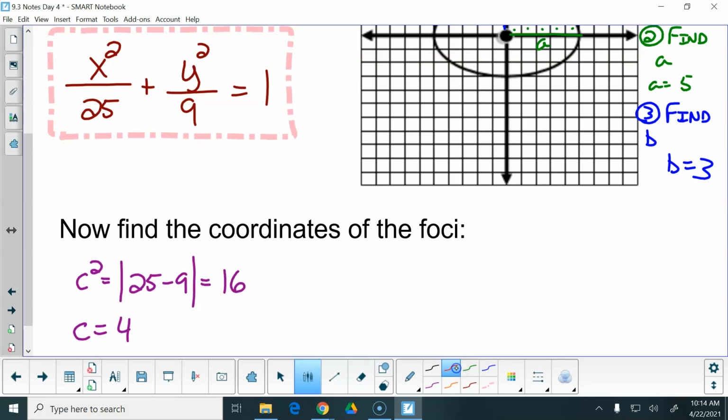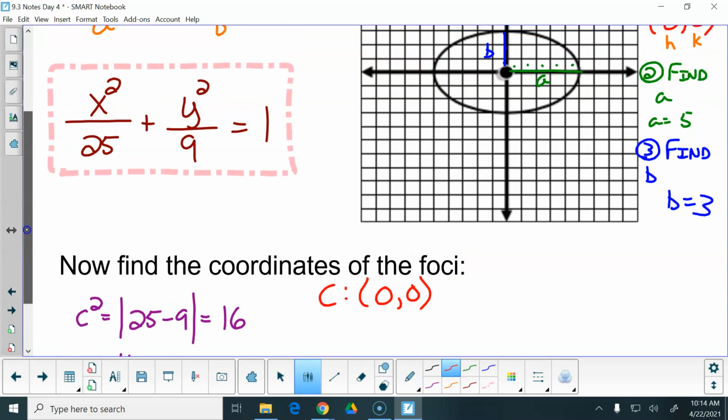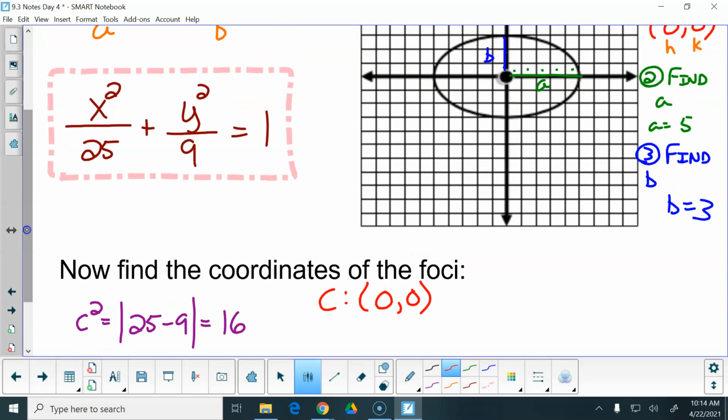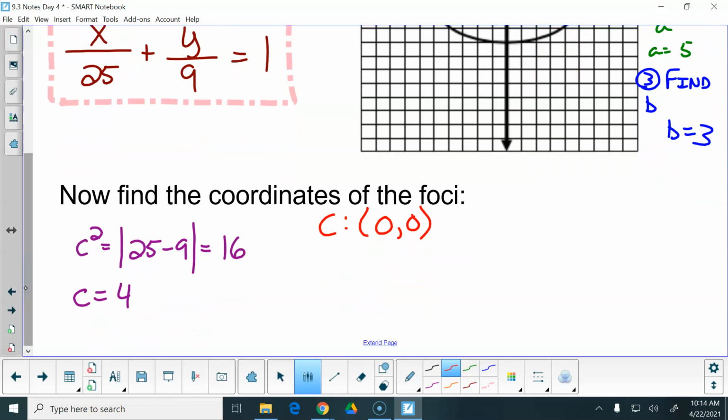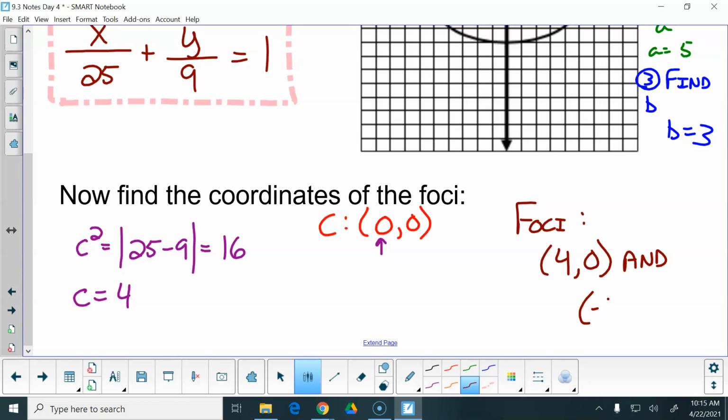The center was at the origin still. Major axis of this one, is it horizontal or vertical? Horizontal. So that means the foci are going to be horizontal. So I'm going to add and subtract 4 to the x part there. So the foci are at 4, 0 and negative 4.